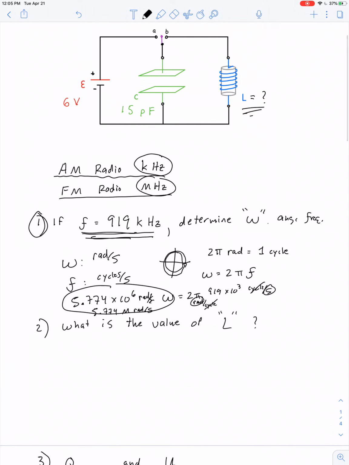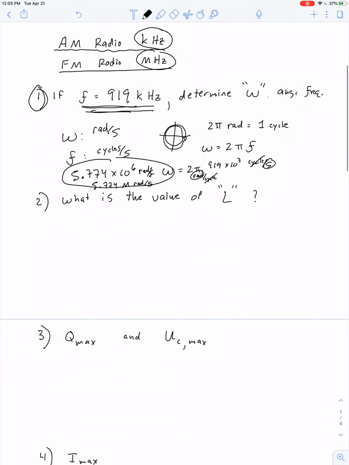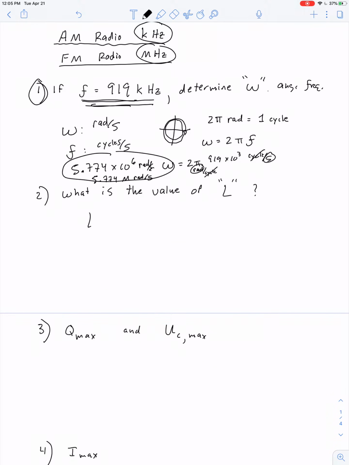What's the value of the unknown inductance? When a mass vibrates on a spring, pull it back, establish some amplitude to the vibration. I know that the angular frequency for a mechanical oscillator is the square root of k over m.